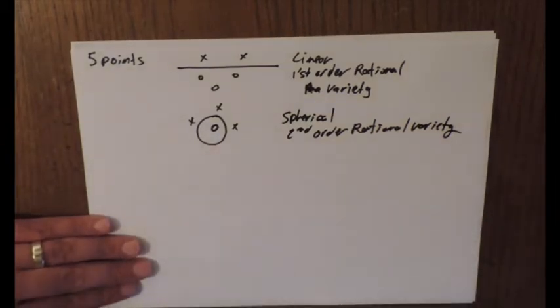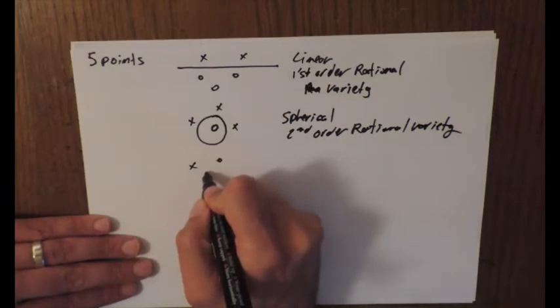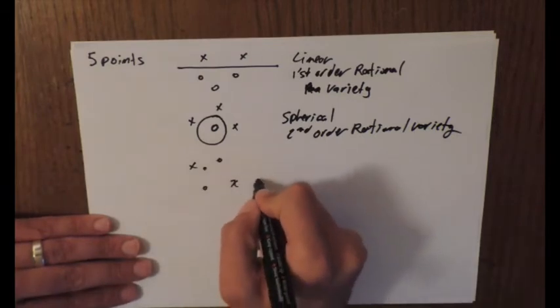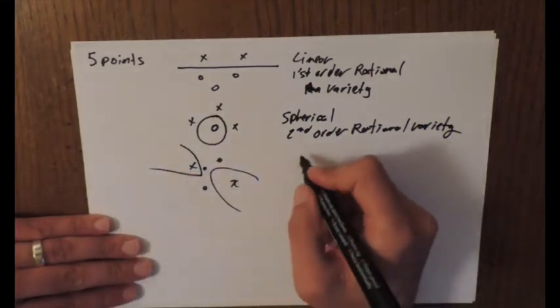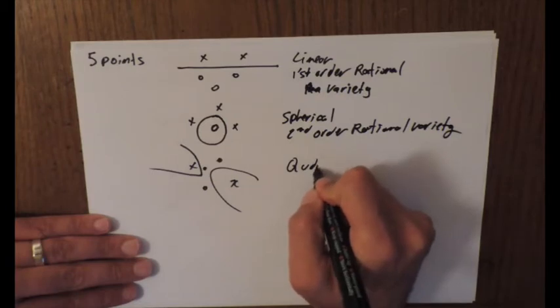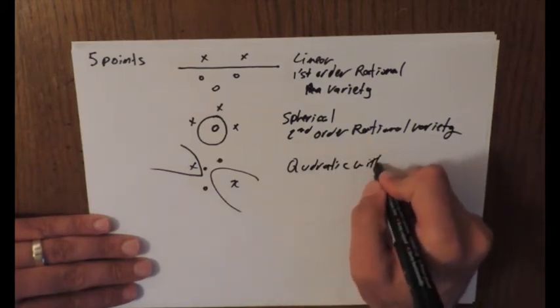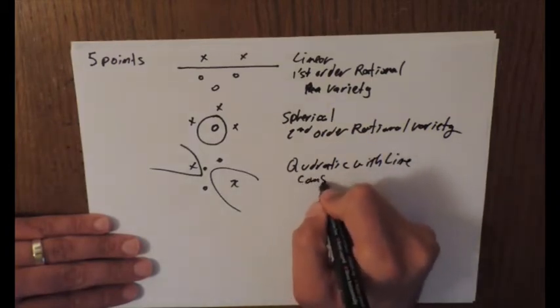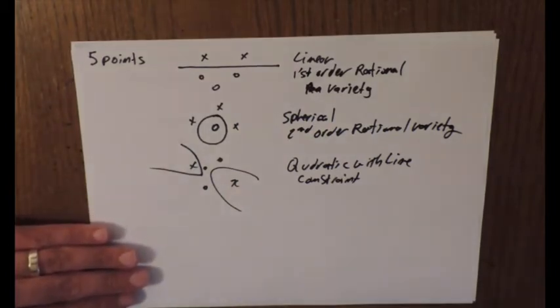We can have also something like this. So here we have something like a quadratic function that's separating those two. So here we have quadratic with line constraint, which is a higher order rational variety.